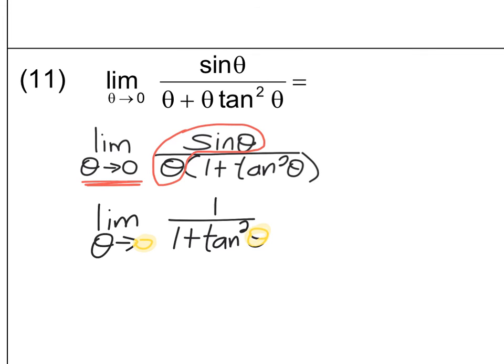Like actually a numerical substitution. Oh. Completely reliant on your knowledge of trig ratios. Tangent of 0 is equal to 0. 0 squared is 0. Plus 1 is 1. 1 over 1 is 1. So that's our final answer. All right.